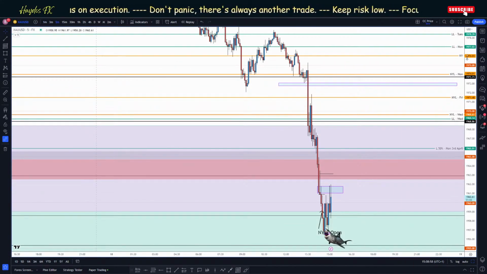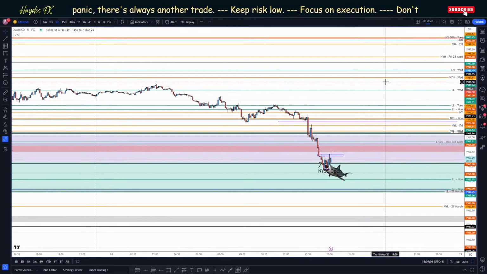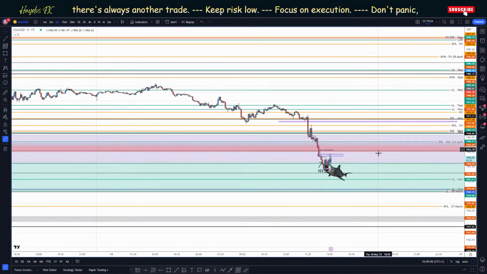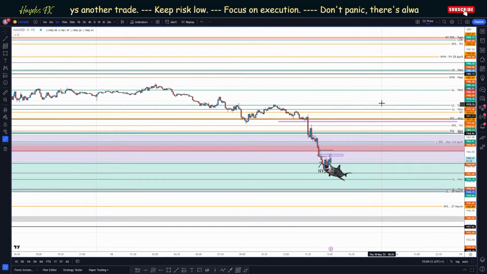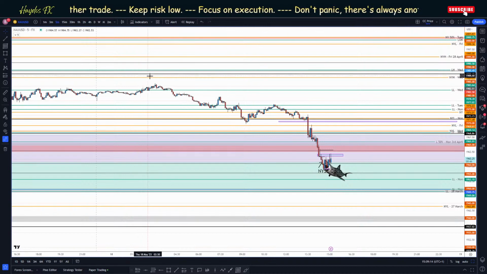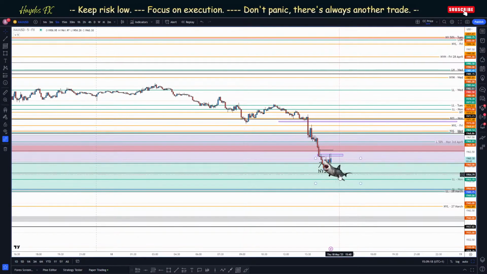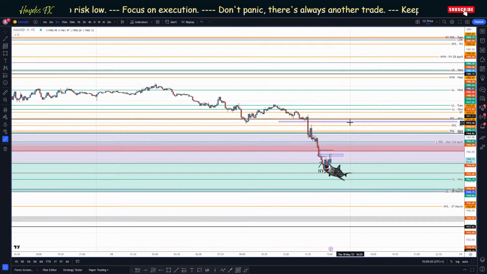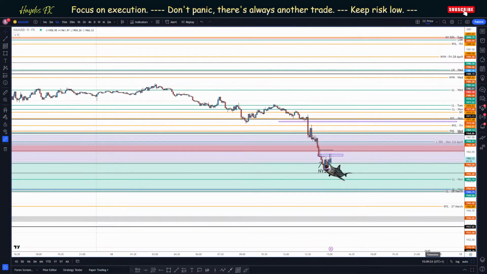Five minute wouldn't be too extreme, because it's just been one way the whole time. So we've had 300 pips of basically just trending down. So we could just sort of sit here. I'm expecting the 3 o'clock candle to have a bit of volume.